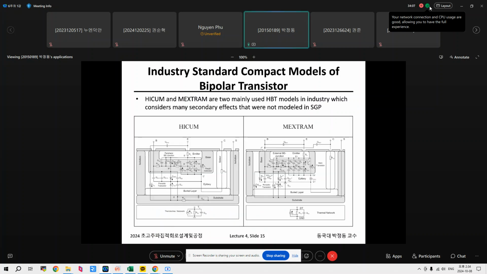Let's talk about the industry standard model of the BJT. Different from the CMOS, CMOS has a very, very good model, which is the BSIM4 model. I'm gonna talk about this later. However, when it comes to silicon germanium HBT or BJT, there are two mainstream: one is the HICUM model, the other is the MEXTRAM model.